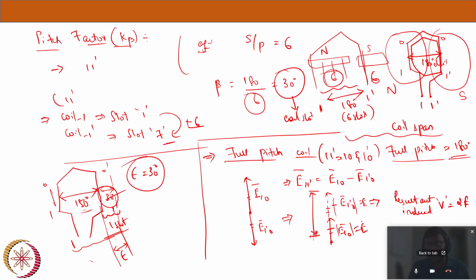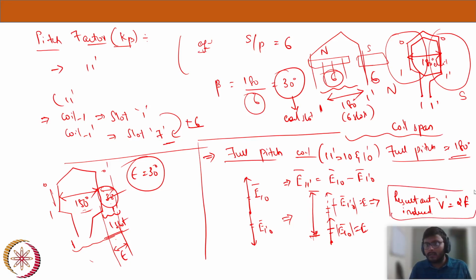This one plus that one gives 2E. This is what I get in full pitch. It is easy because they are 180 degrees out of phase but of the same magnitude, so I take the minus sign and it just adds, because I am interested in magnitudes. So the resultant induced voltage in case of full pitch is 2E.